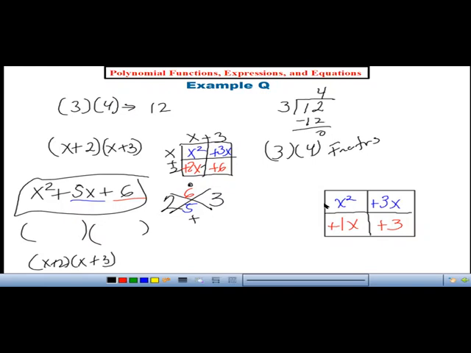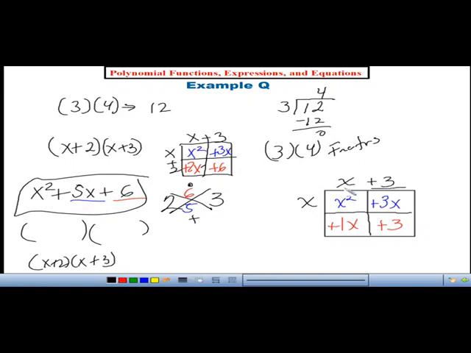Here it goes. How do I do this, Mr. Q? We'll start with this square. If this is a square, we have x squared. What two numbers multiply give me x squared? x times x. Okay. So x times what gives me 3x?